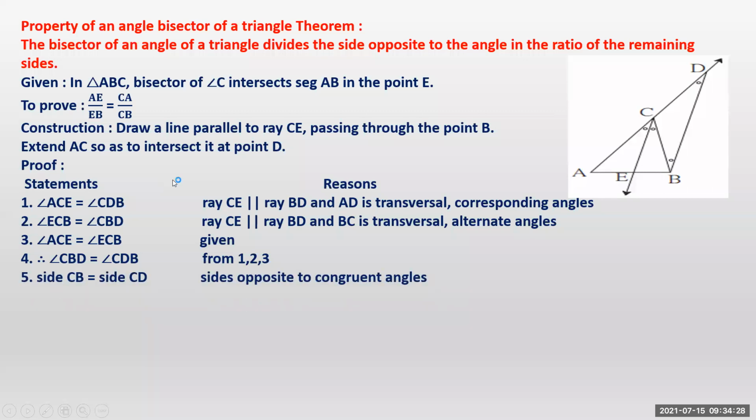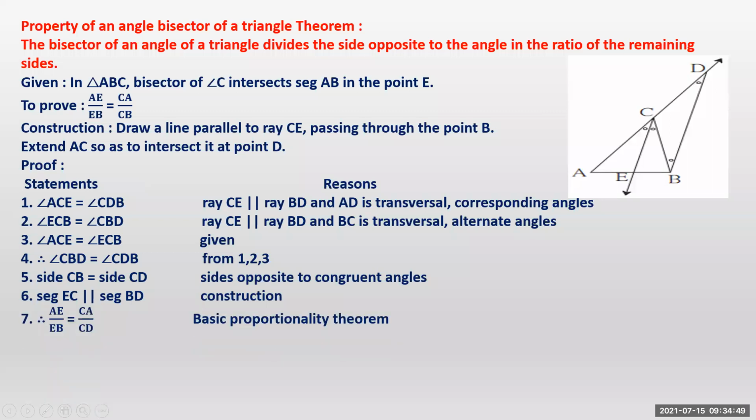Side CB equals to side CD. And segment EC is parallel to segment BD. This you are going to do by construction. Okay. So therefore, AE upon EB equals to CA upon CD. This you are going to get from the basic proportionality theorem.